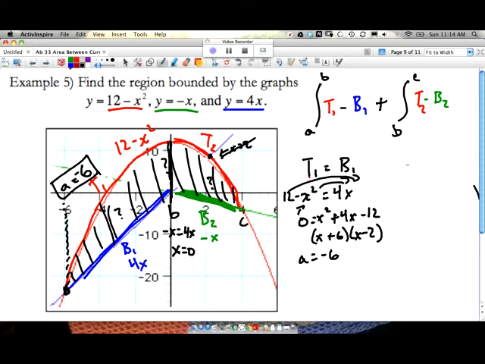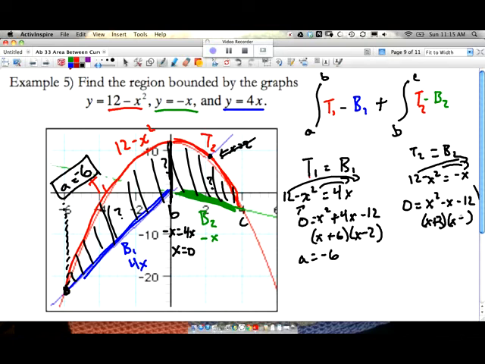So let's figure out what c would be. Well, that's when the top second time, which is still the red, minus the bottom second are equal to each other. So we'd have 12 minus x squared equals the green, which is negative x. Now similarly, we're going to move these quadratic terms to the other side to make the factoring a little bit easier. x squared minus x minus 12 equals 0. Now factoring these pieces, we'd have two x's, and one's going to be positive, one's going to be negative.